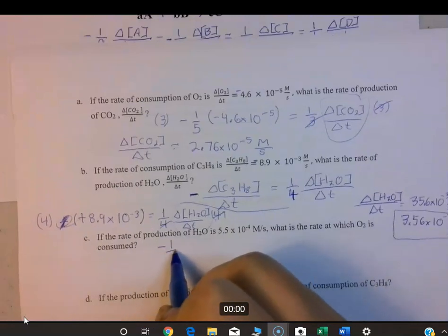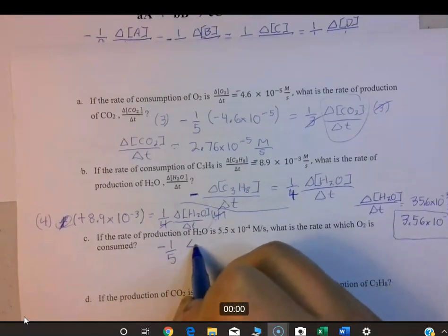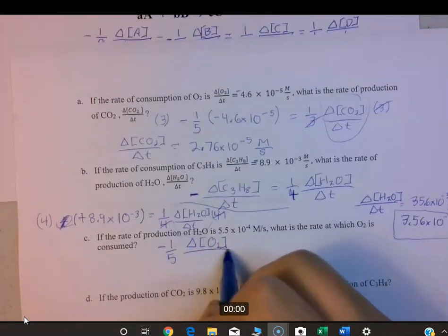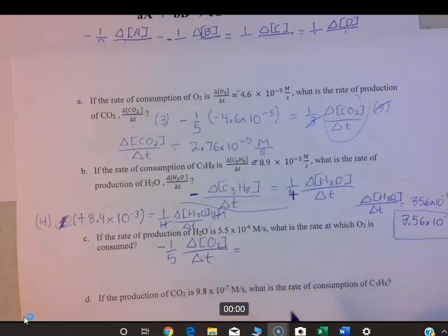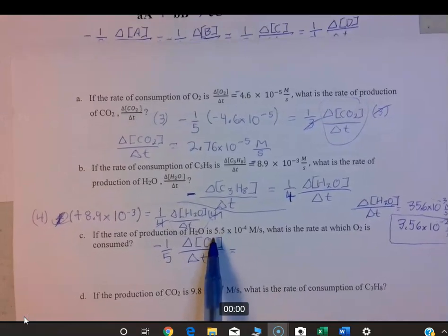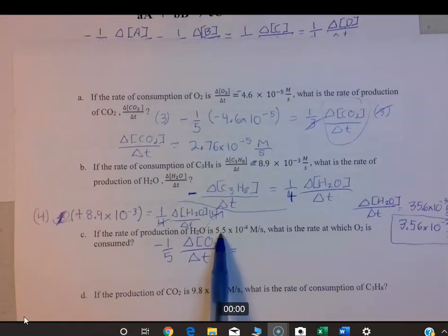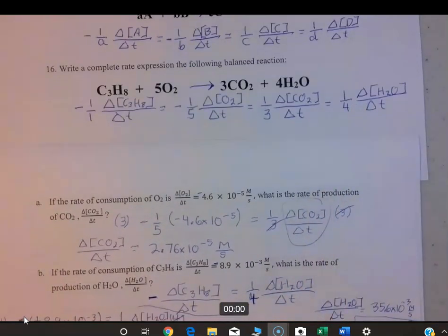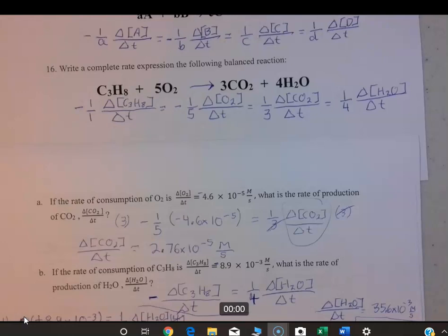So we're going to write minus 1/5 change in concentration of O2 over delta T equals the rate of change of H2O. And there's the expression for H2O, so that equals 1/4 times delta H2O over delta T. We know that this term, delta H2O over delta T, is 5.5 times 10 to the minus 4.